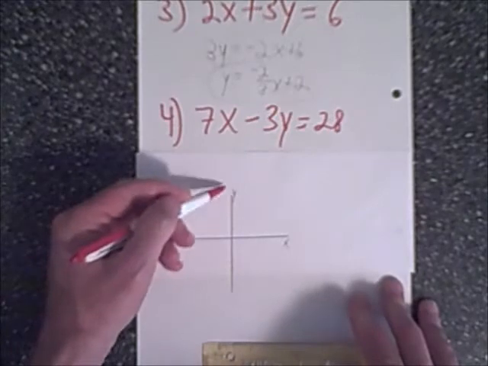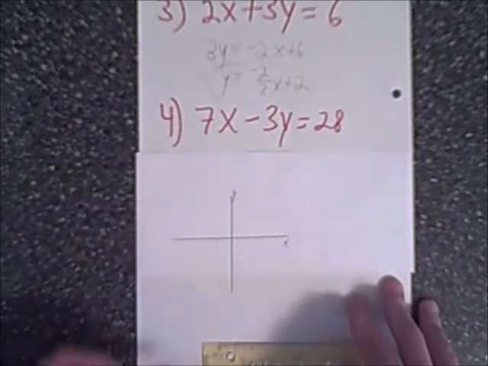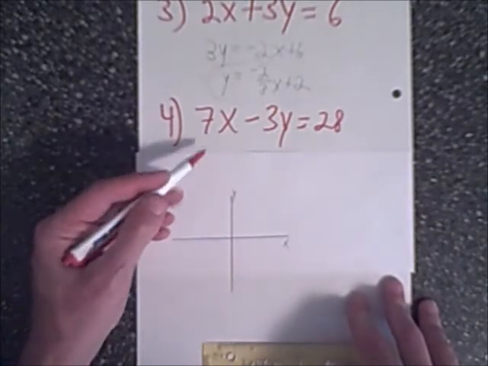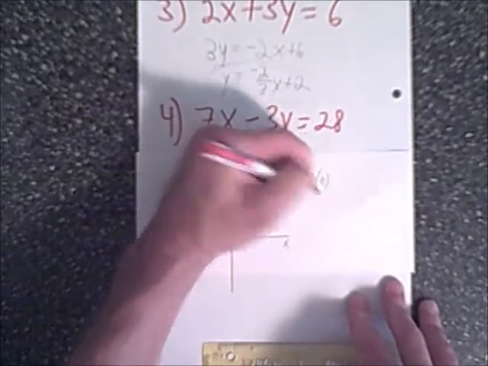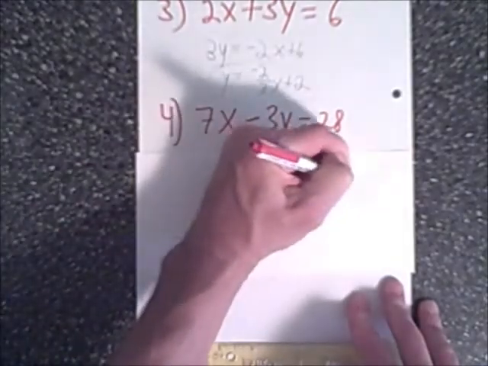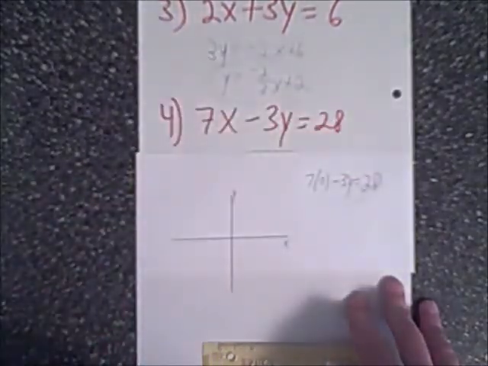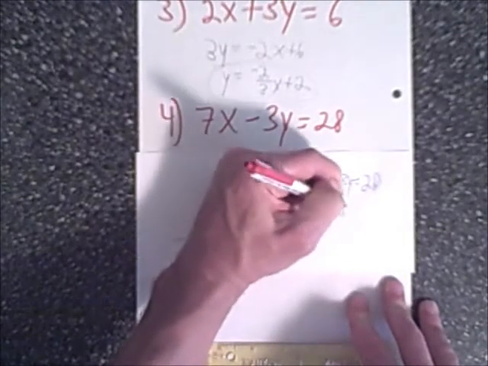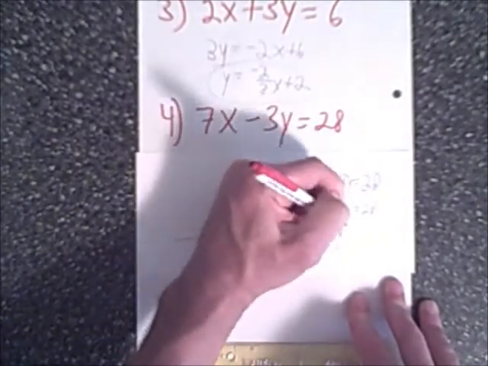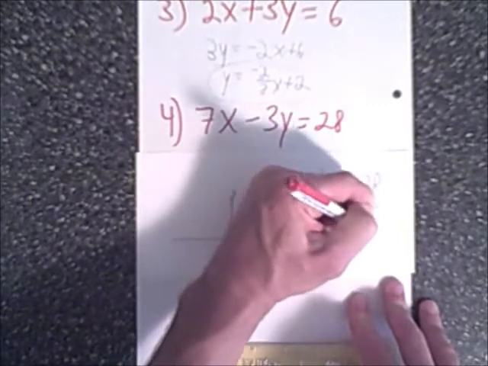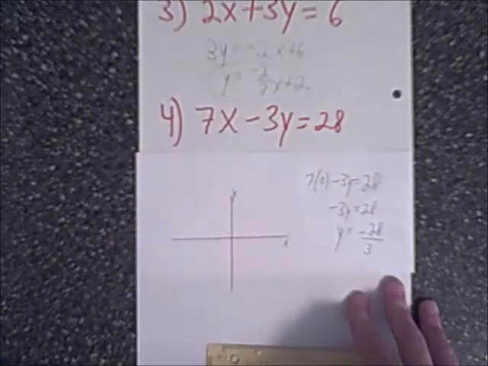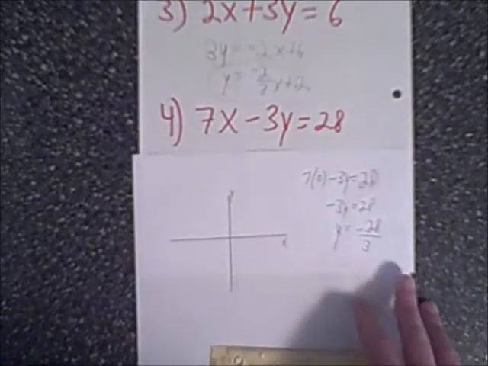And let's look for our y-intercept. That, of course, occurs when you have a value of 0 in your x term. So 7 times 0 minus 3y equals 28. Therefore, negative 3y equals 28, and y equals negative 28 thirds, which is negative 9 1/3.